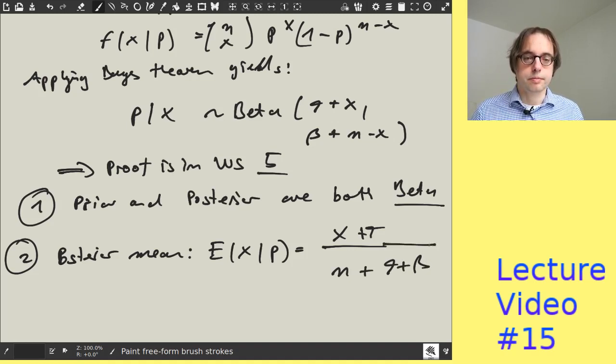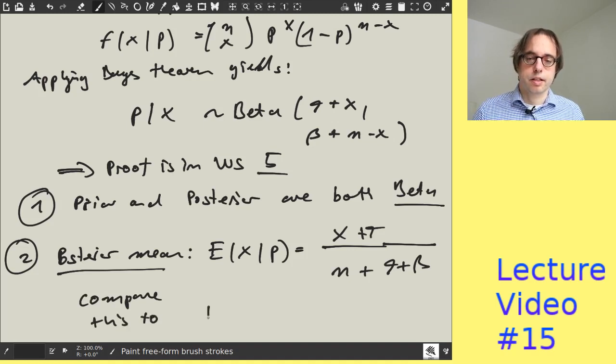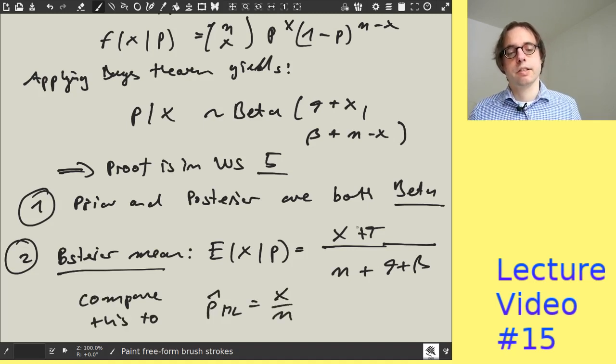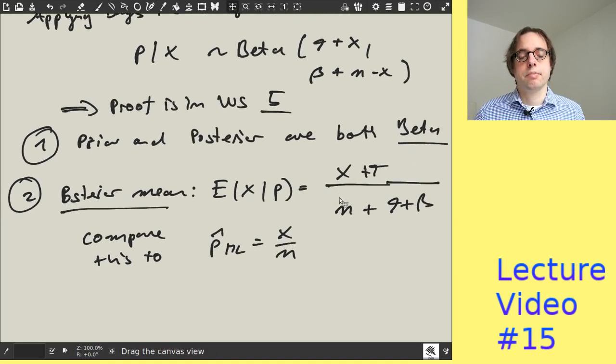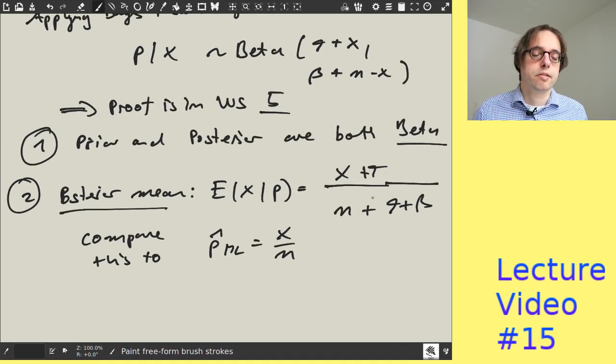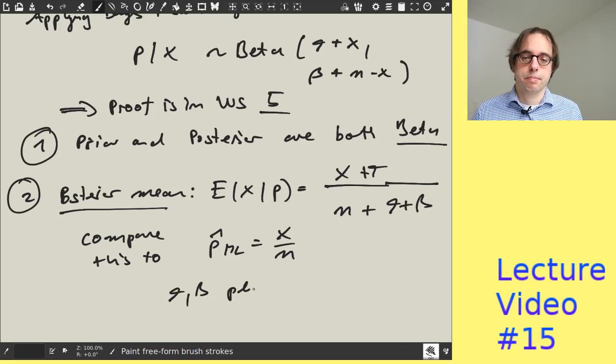So that's the posterior mean, and compare this to p hat ML, which is x over n. So you can see it's kind of a similar thing, only that alpha and beta play the role of observations.